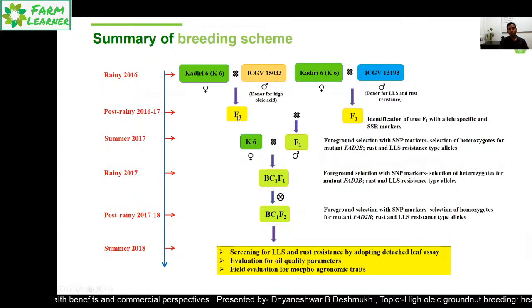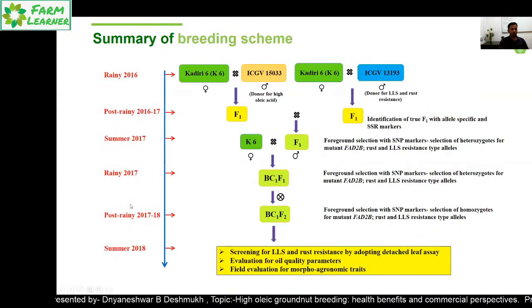And then we got F1s. The F1s were intercrossed to get the desirable allele combination in one F1. Then the F1s were backcrossed with Kadri 6 to get BC1F1, and BC1F1 were selfed to get BC1F2. That's how the program went.